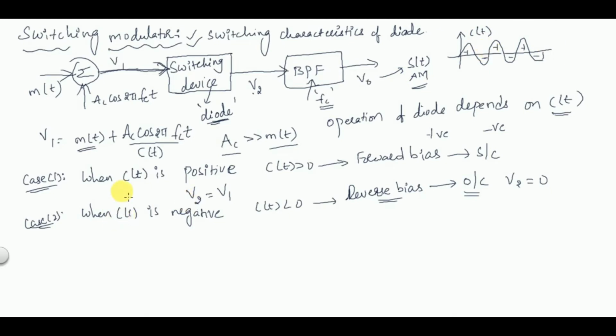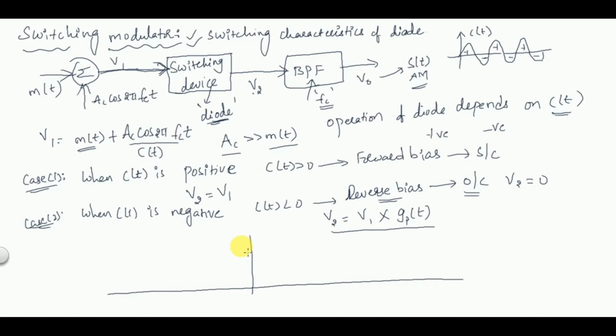So what can we write the output as? V2 is equal to V1 into Gp of t, where Gp of t is a periodic pulse train. Gp of t is a periodic pulse train, which looks like this.